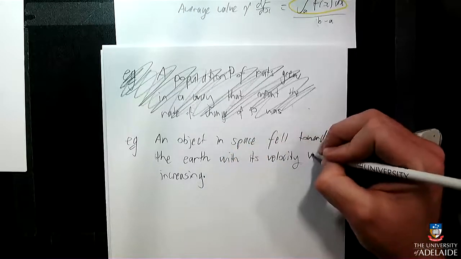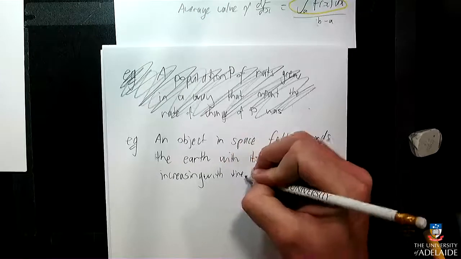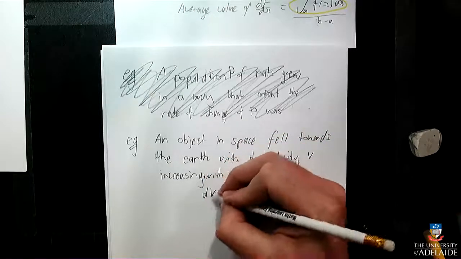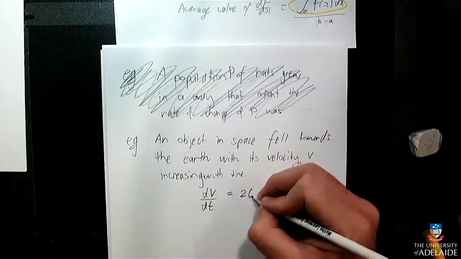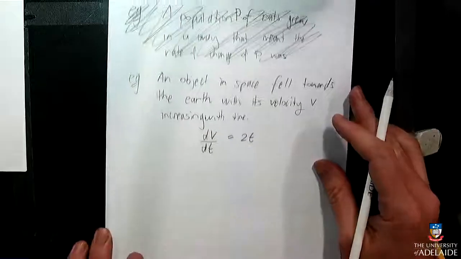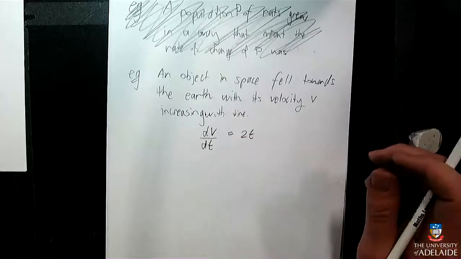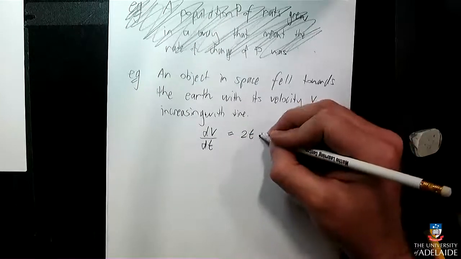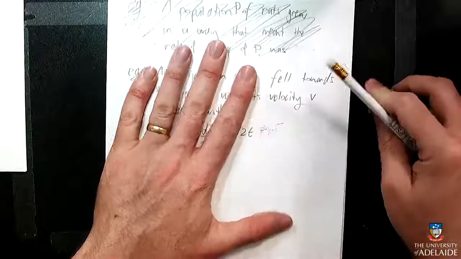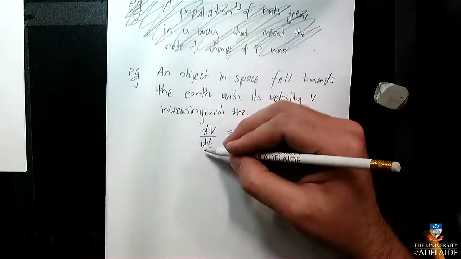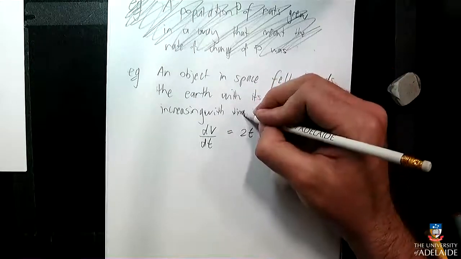Velocity v increasing with time, so that the rate of change of this was 2t. This isn't particularly realistic. If you're doing real physics, there'd be a wickedly different number in that spot. So not just the velocity increasing with time, but the rate of change of the velocity increases with time as well.